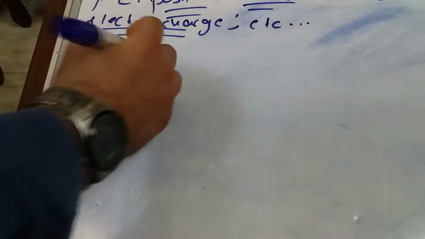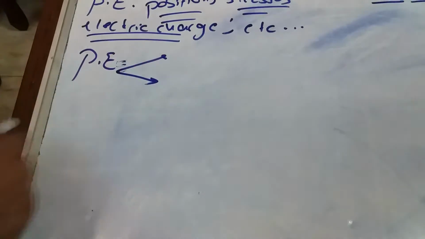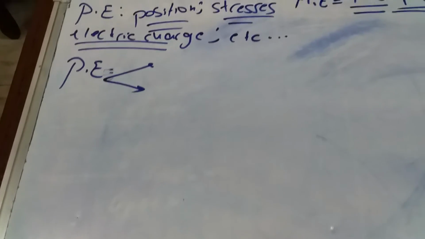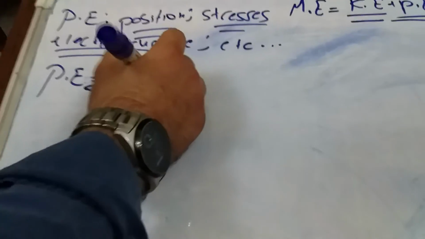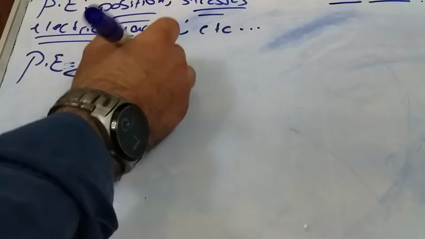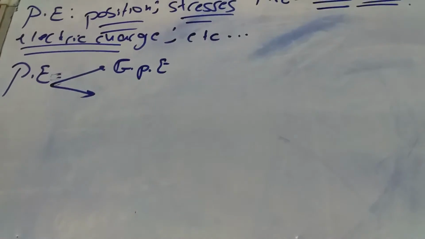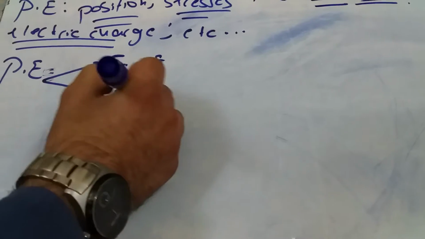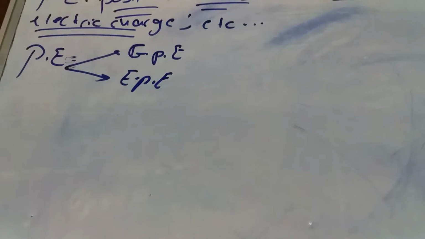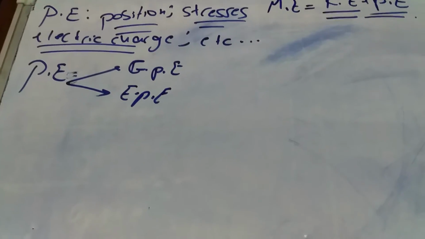Potential energy is decomposed into two types of energy. First, GPE, which is the gravitational potential energy, and EPE, the elastic potential energy.